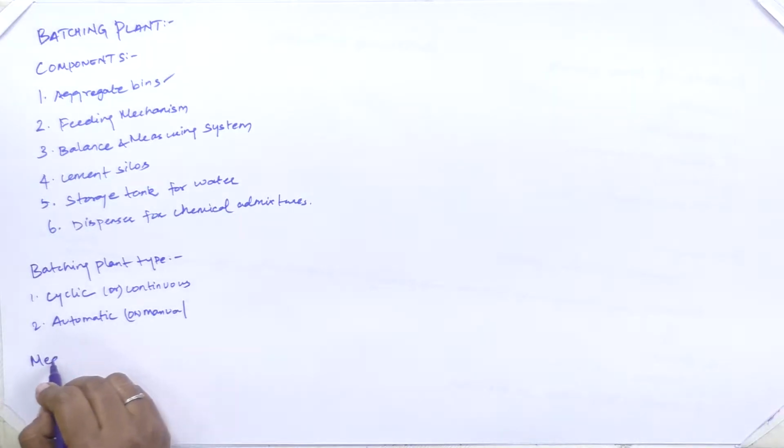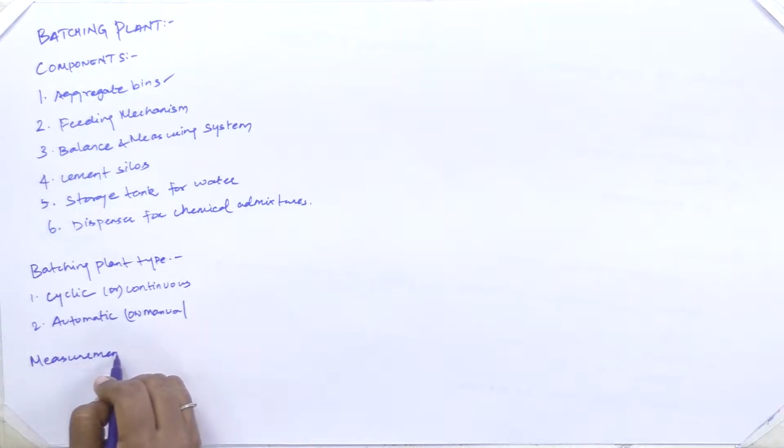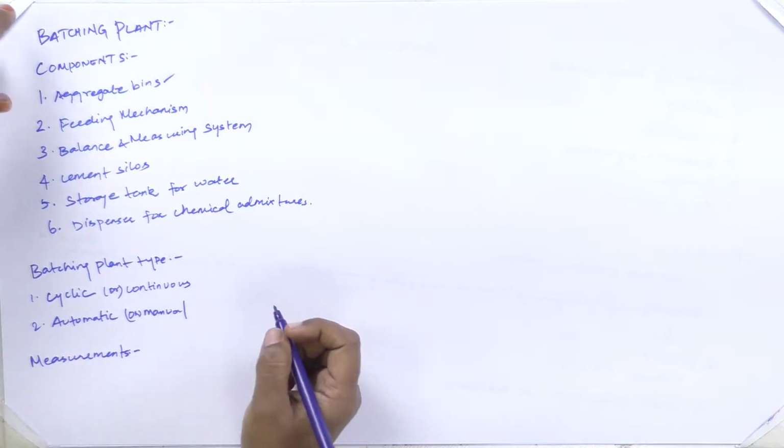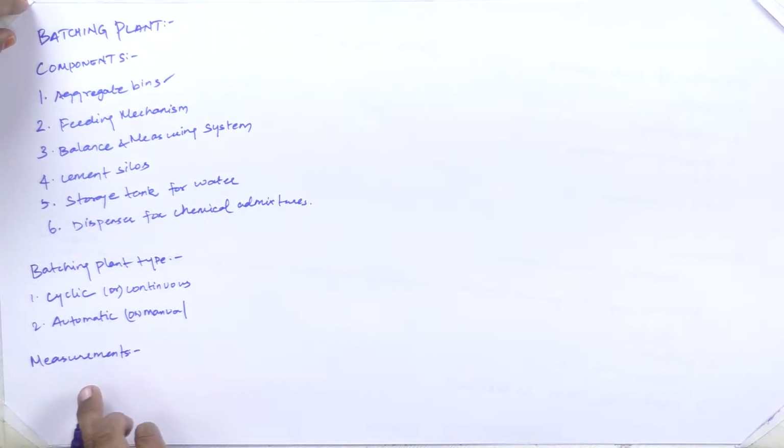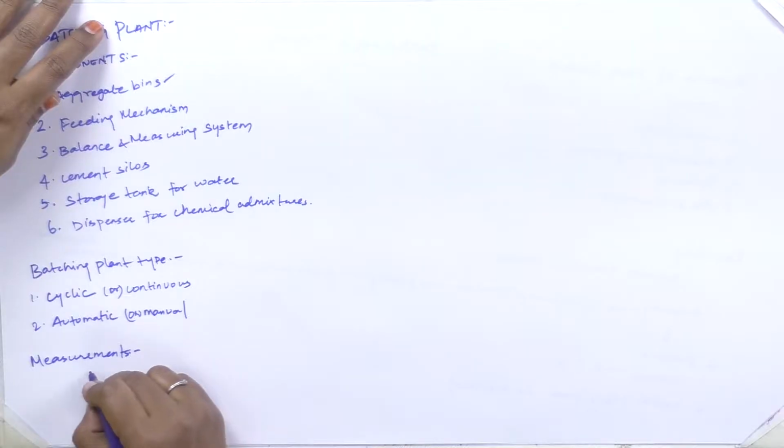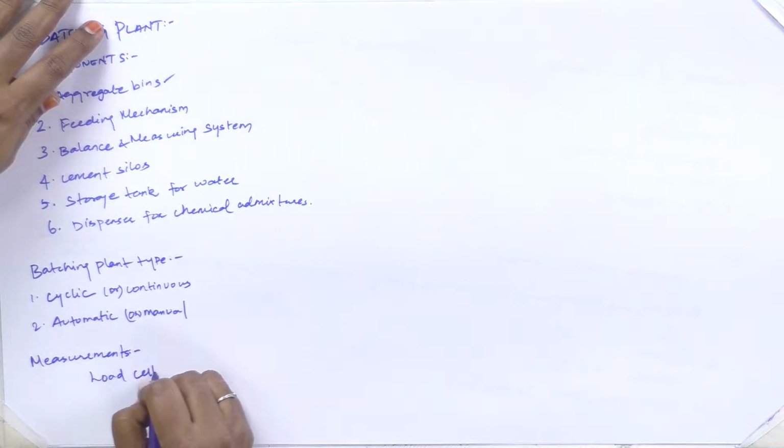Next is the measurement. How the measurements are being made in the RMC plants. In olden days we had mechanical lever systems for measuring the mass of specified quantities, but nowadays we are going for load cells.